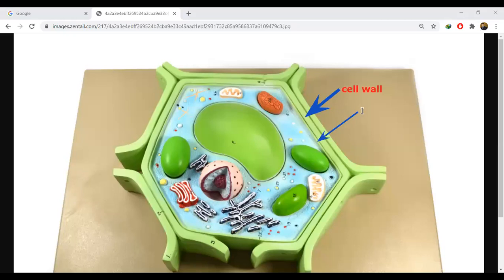It is called plasma membrane, or it is called cell membrane. It is called plasma membrane. Another name for it is cell membrane. In your picture, is it there?